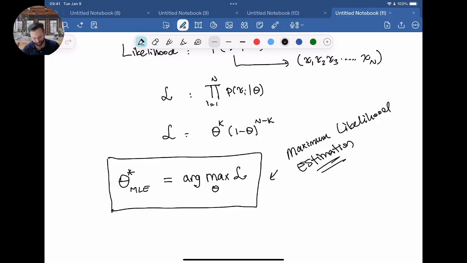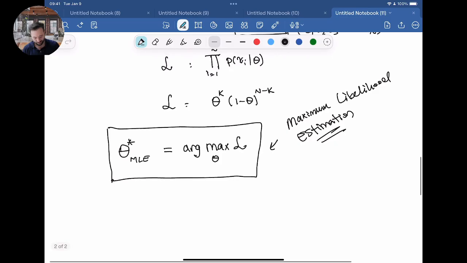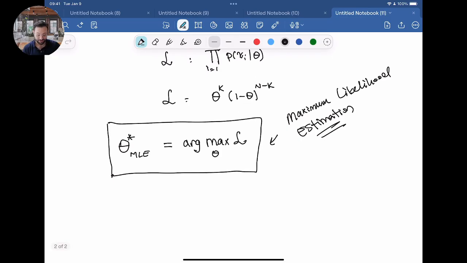So I'm almost getting there. I would like to find a maximum likelihood. So I have a function. From calculus, I know if I were to find the argument of that function that maximizes it, my argument is theta, I would have to take the derivative and make it equal to 0, right?